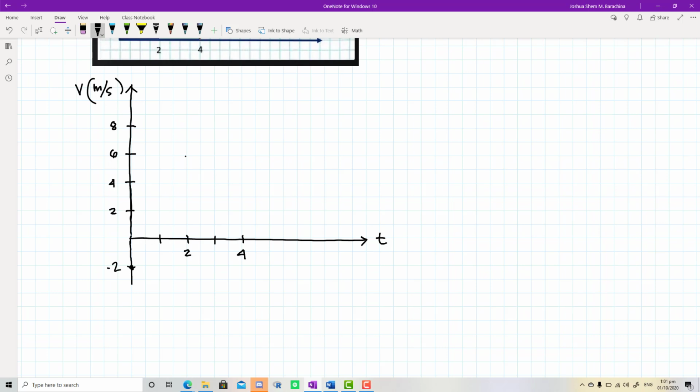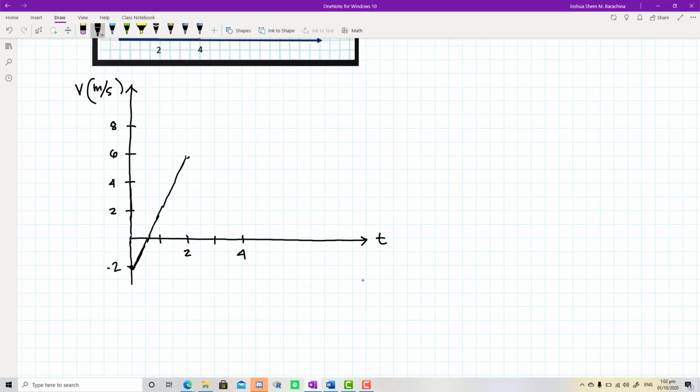Now, let me just look at the drawing. Okay, so this is our line.